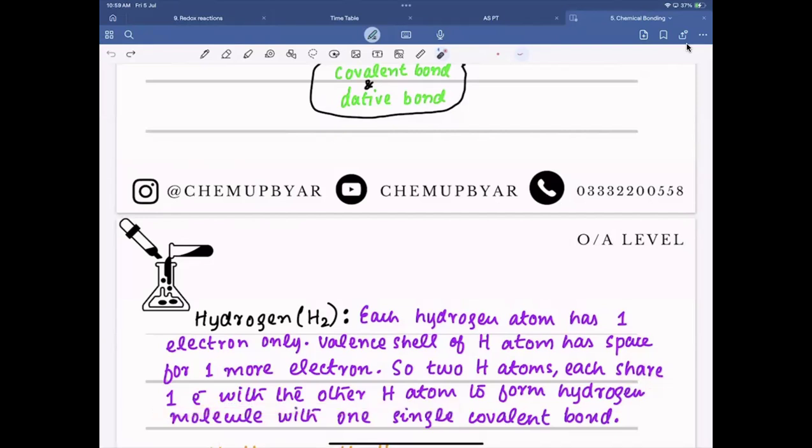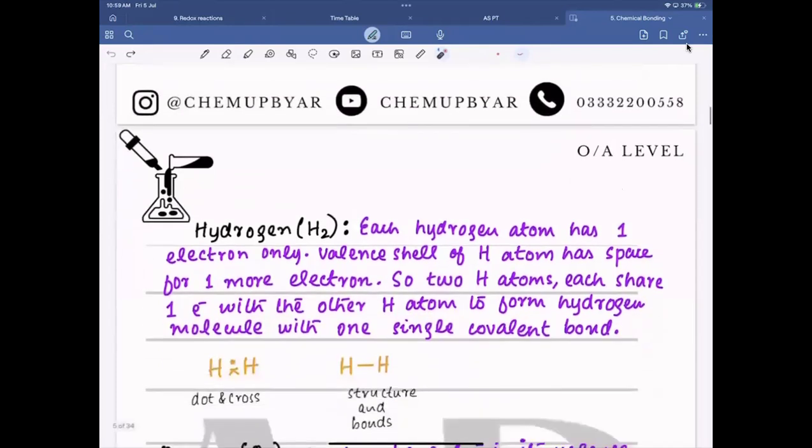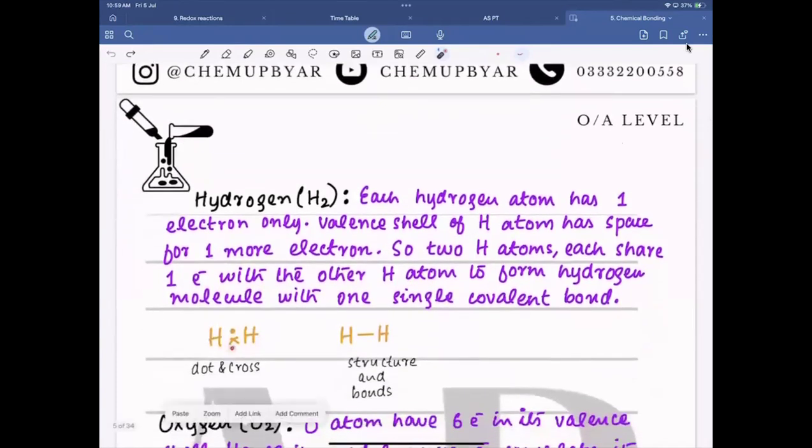Sharing means that after sharing, the electrons belong to both the atoms. So see how we show the sharing. We show it by dot and cross. This dot, for example, is the electron that belongs to this hydrogen, and this is the electron that belongs to this hydrogen.